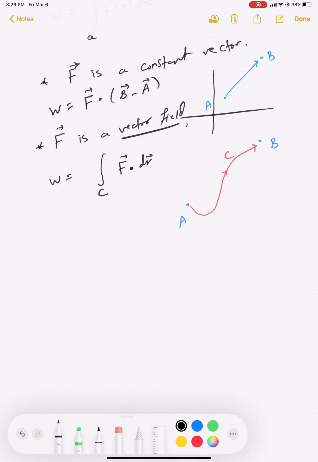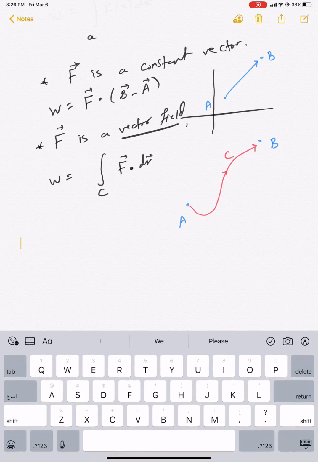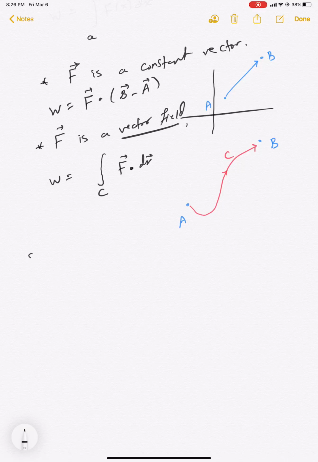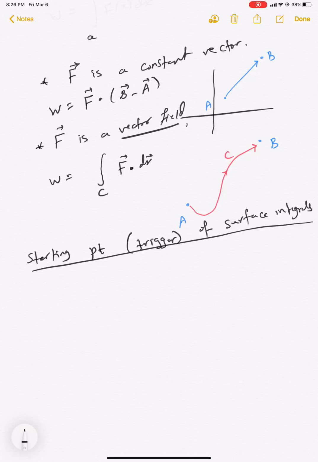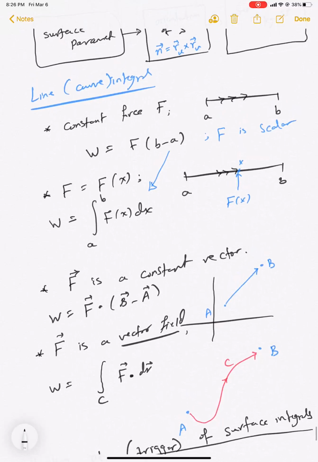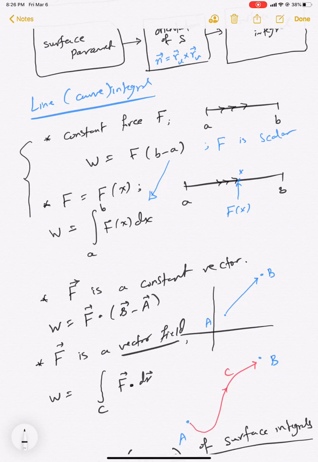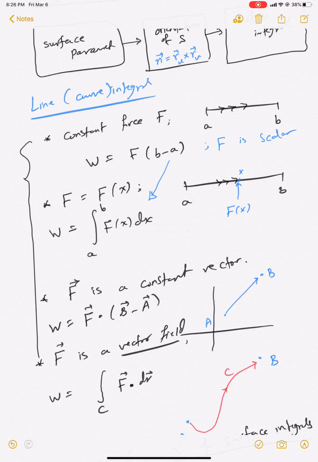Okay, now we want to define the surface integral. So what is the starting point? Let me call it starting point or a trigger. What is the trigger of surface integrals? Now if I ask what is the trigger for the line integral, the trigger is these details. If you have a constant force, then you have a formula.